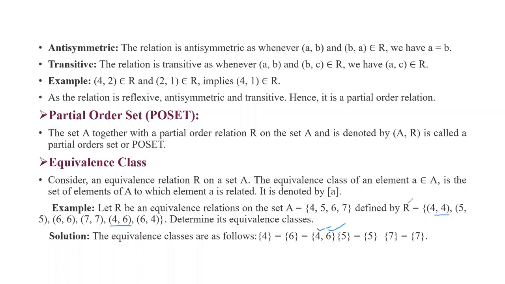Same for 5: 5 is related to 5 only, right? 6 is related to 6 and 4, right? Means here, when we consider this 4, this 4 is related to 4, 6.